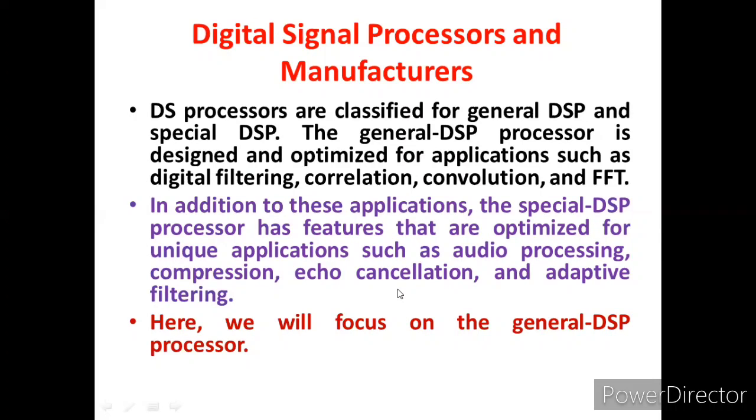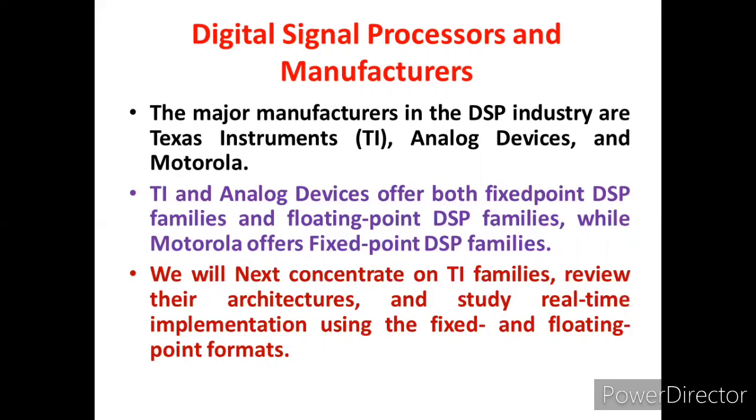When you observe this special DSP, it is applied to practical applications such as audio processing or compression, echo cancellation, adaptive filtering, or even video processing, video compression, or video signal transmission. At that time, we go for a special digital signal processor. Here we will focus on the general DSP processor. In today's sessions, we are simply concentrating on the general DSP processor.